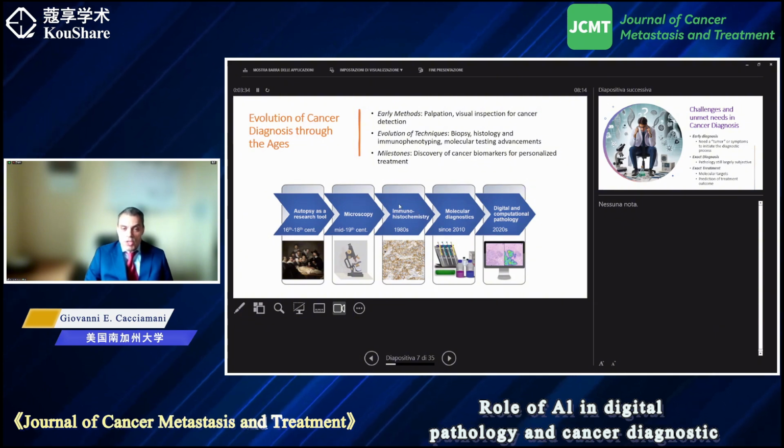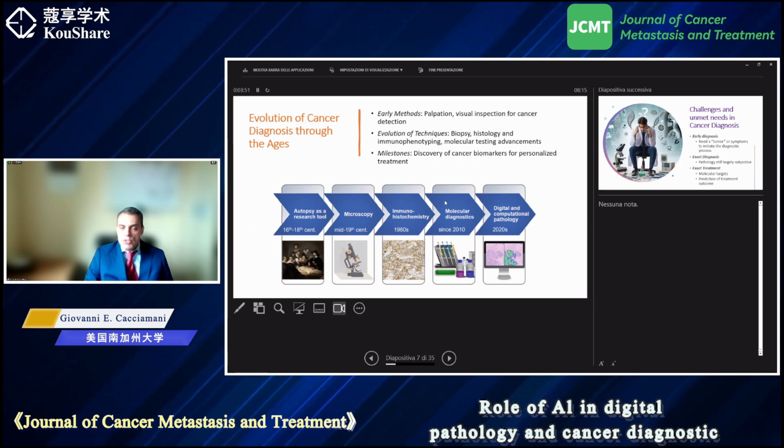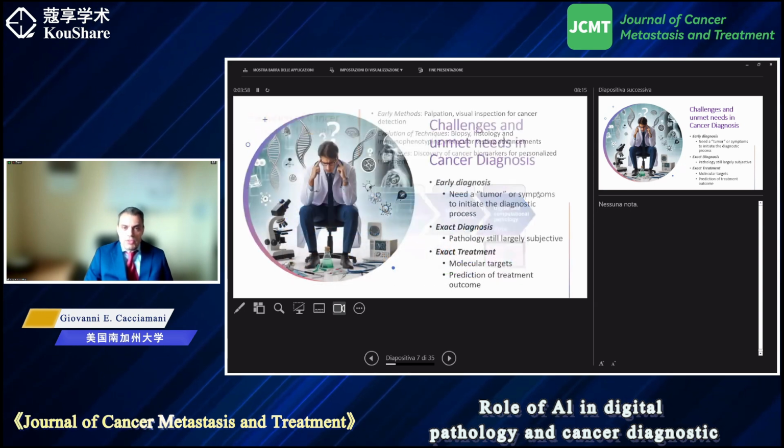As a hematopathologist, I can certainly witness that without immunohistochemistry, a large fraction of what we know about hematopoietic cancer would be neglected. And then the real modern detection of cancer biomarkers with molecular diagnostic and molecular pathology. And now we're entering in this decade the era of digital methods.